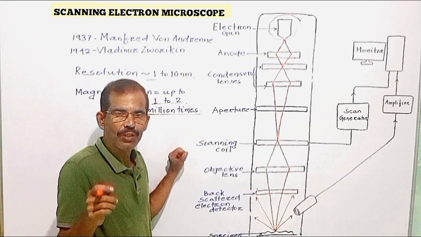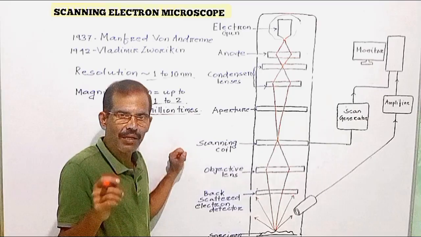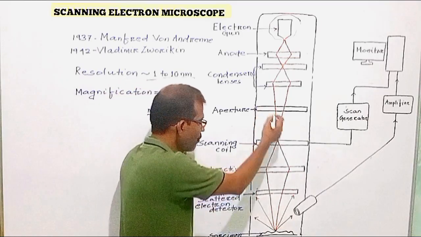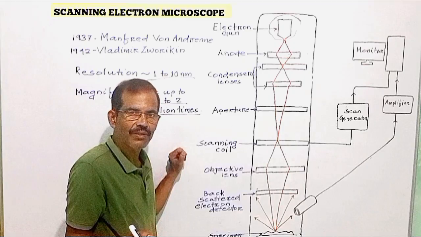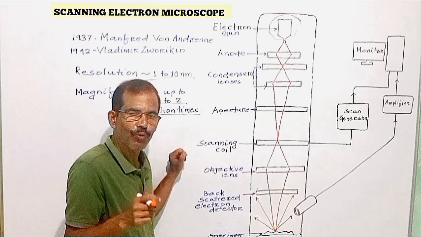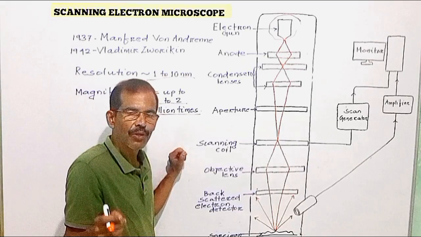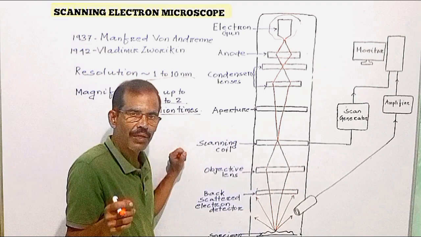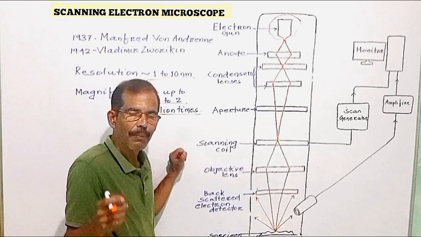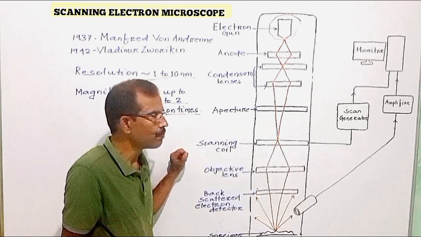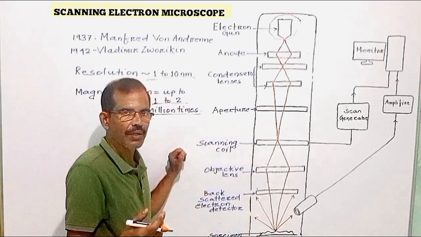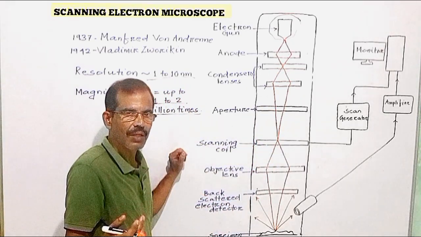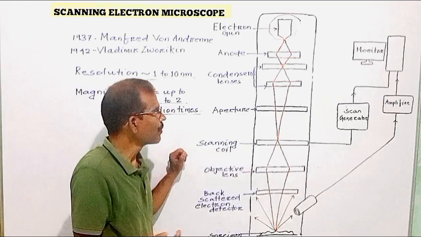Its function is to project the demagnified electron beam onto the specimen. It dictates whether the electron beam will be focused as broad parallel illumination or as a fine tight probe. So these two condensers work together to control the beam intensity.